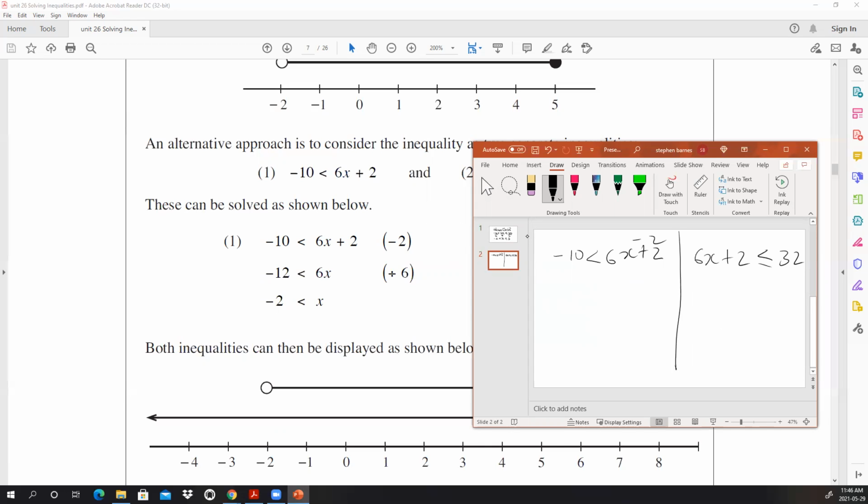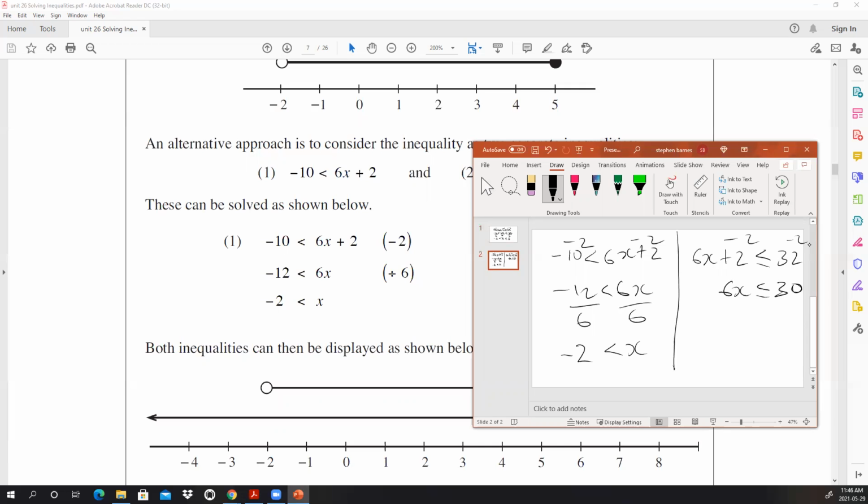Subtract 2 from both sides, 6x, divide both sides by 6. You get minus 2. Right? So this is one part. Then here, subtract 2 again, you get 6x less than or equal to 30. Divide both sides by 6, you get x less than or equal to 5. Right?